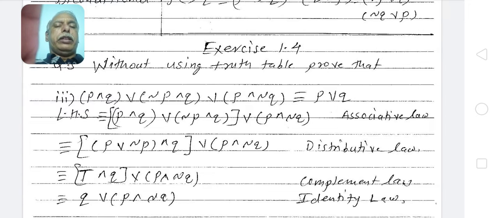Association means grouping. We can consider a group of the first 2 brackets and the third bracket separately. P and Q, or negation P and Q, which is a group of the first 2 brackets, or P and negation Q is the third bracket as it is.